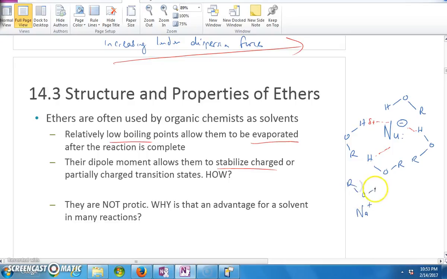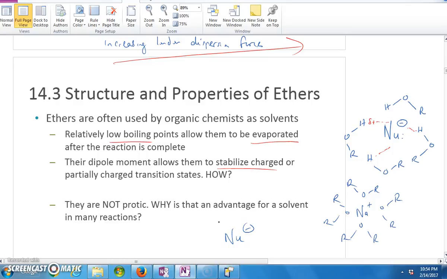So if you have an ether like this, it could arrest the counter ion and prevent the counter ion from going back to the nucleophile. So the nucleophile is now free to attack the carbon bearing the leaving group.